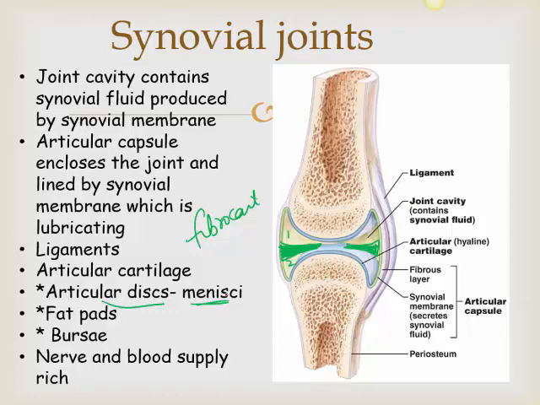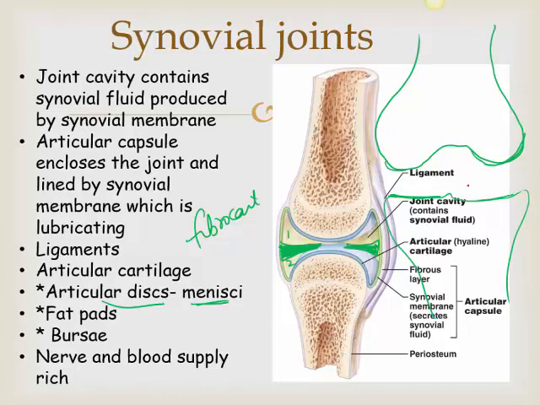So for example, let's take the knee joint. So here is the femur. So this is what the lower end of the femur looks like. And the upper end of the tibia is somewhat like this. So can you see that this part is so rounded, whereas the tibial plateau or the surface of the tibia is more or less flat.